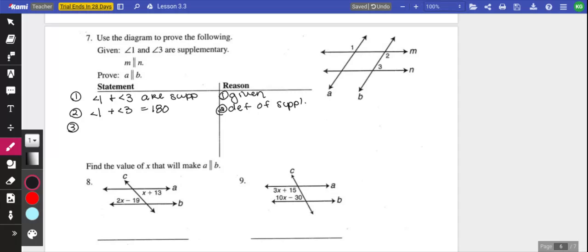Now, we are also given that M is parallel to N. And if I look at my statement, I'm trying to show A and B parallel.